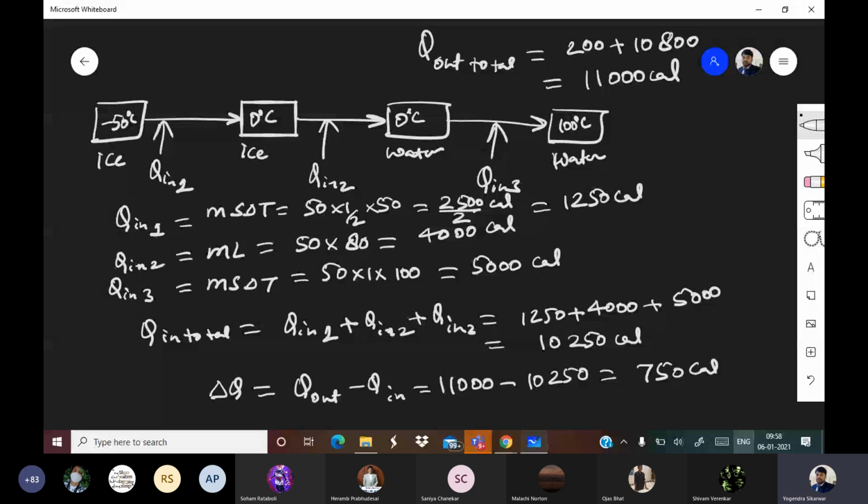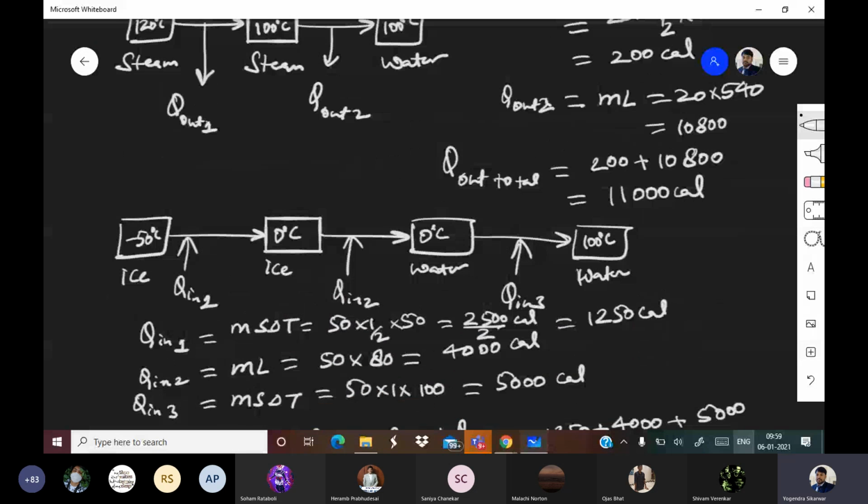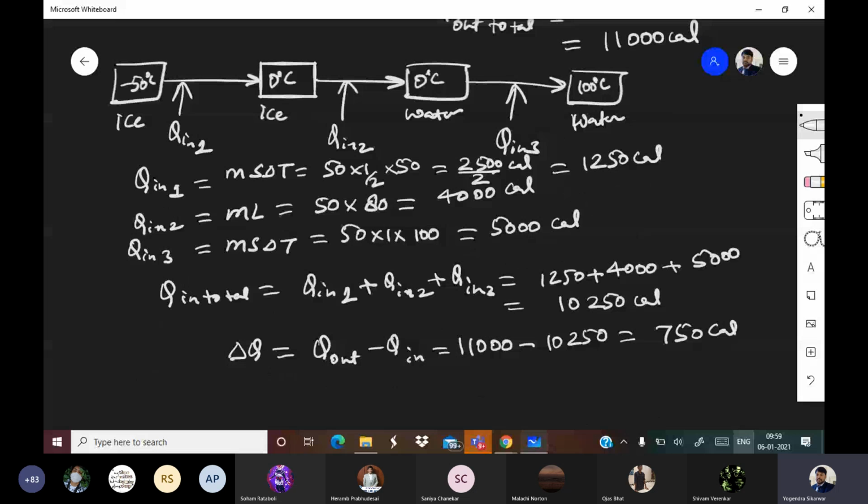When we have excess heat, the question got converted into 50 plus 20, that is 70 gram of water at 100 degrees Celsius, and we are passing 750 calorie of heat through it. How much water will get converted into steam?